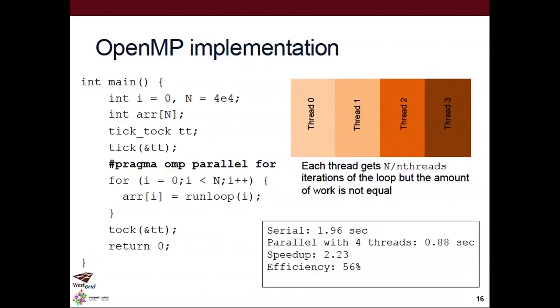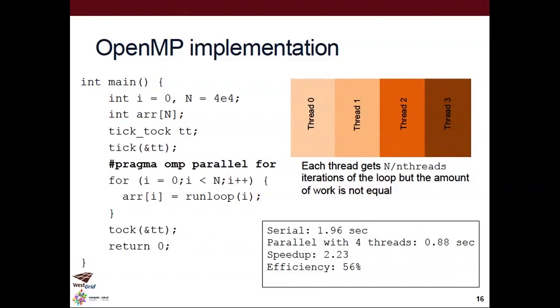And the reason is, as I explained before, different iterations of the loop don't have the same amount of work. So even though you have 4 threads, the first thread will do just this, and then will sit idle, waiting for the other 3 threads to finish. The second thread will get a little bit more work to do, but not that much.